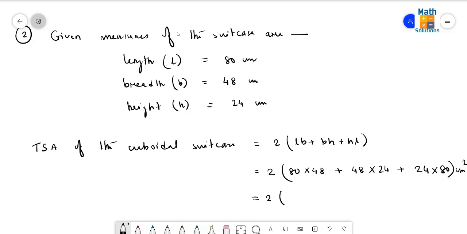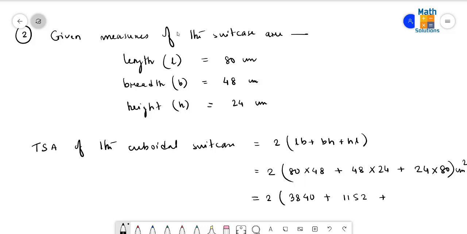While calculating the results, we shall be getting 3840. Then in the next case, in the same way, after calculation, we shall be getting result as 1152.